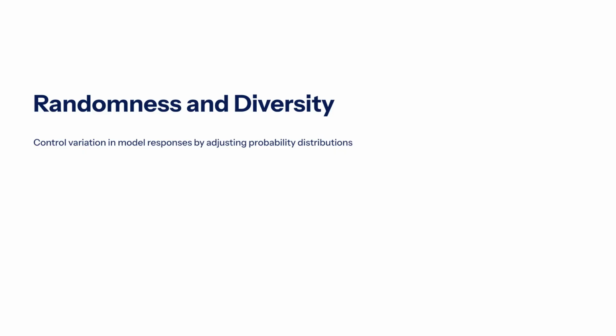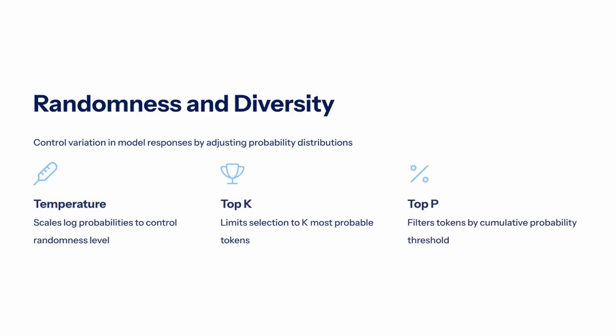Foundation models typically support the following parameters to control the randomness and diversity in the response: temperature, top K, top P. There are other parameters as well. However, these three parameters are more often used to control the variation in the model's response. Before we take a deep dive into these parameters, let's first understand certain concepts.